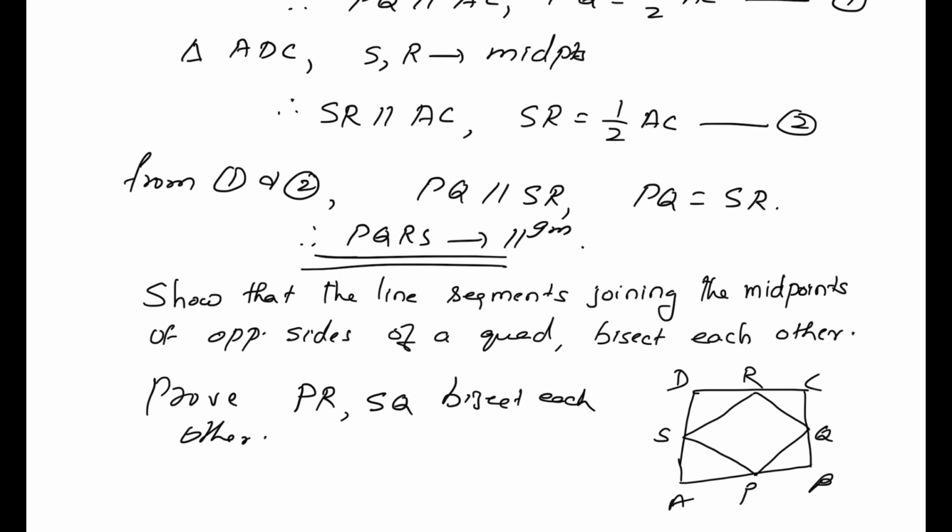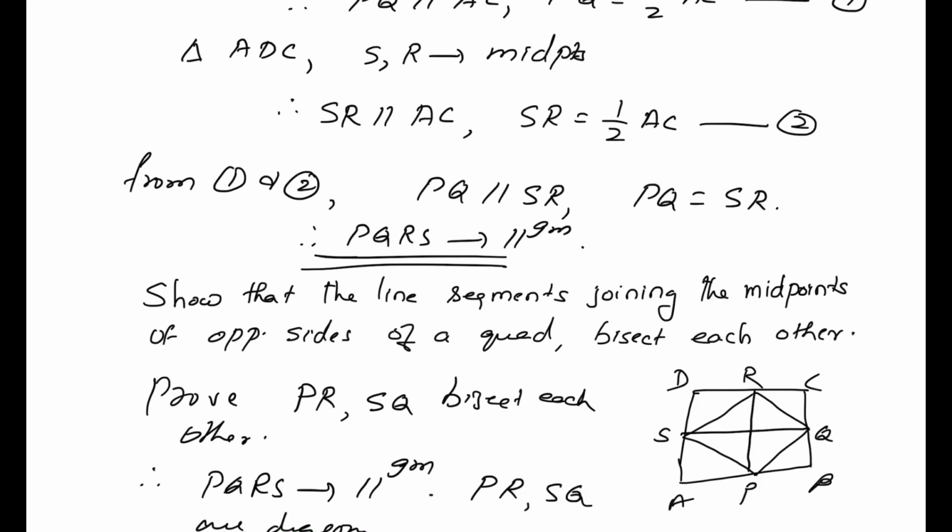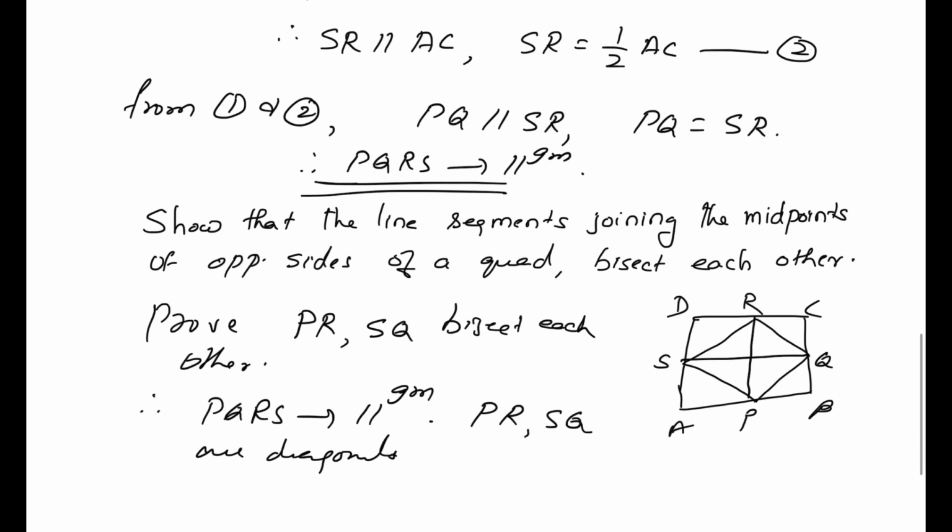For that, first you prove PQRS is a parallelogram, and then you can say PR and SQ are the diagonals. Since PQRS is a parallelogram, prove it and say PR and SQ are diagonals. Therefore, they bisect each other.